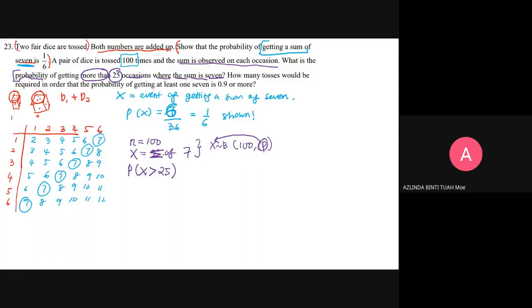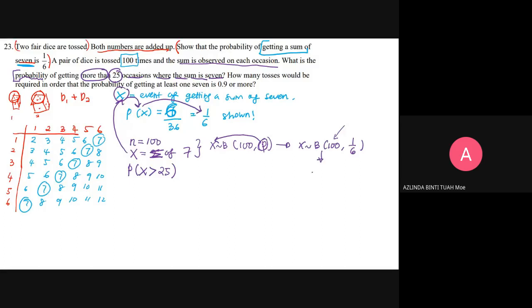Event of getting sum of 7, which is the previous event. So apa probability untuk previous event berlaku? Inilah dia, which is 1/6. So P di sini menjadi 1/6. Iaitu cara cari event dan cara cari dia punya probability. Okay, dah cukup information, N dengan P dan kena alert dengan N is equal to 100.